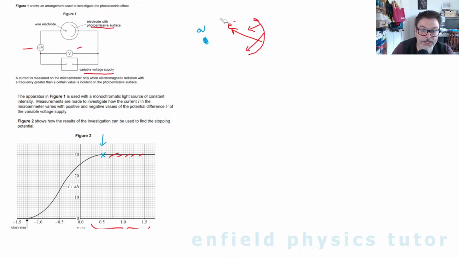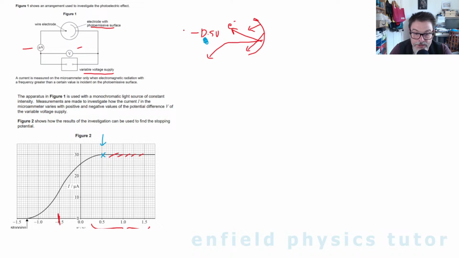Now, if we make this negative, so let's say we go down to minus 0.5 volts, so now we're here. What's happening now is that the really small velocity electrons that were hitting the plate are now curved away and are no longer hitting the plate.